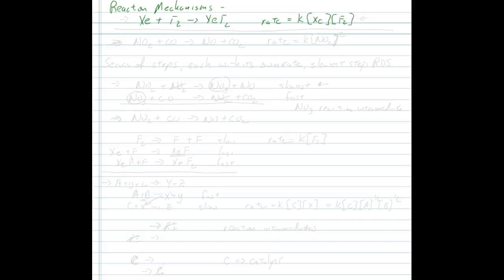Another reaction could be NO2 plus CO yields NO plus CO2, but in this case the rate law is found to be k times [NO2] squared.